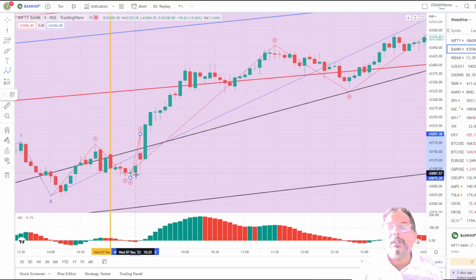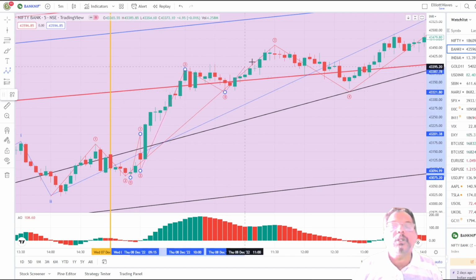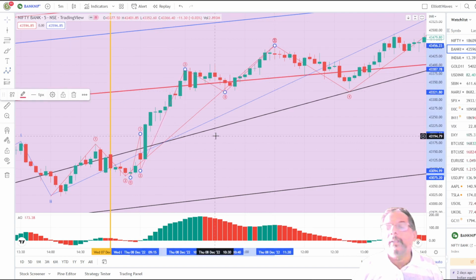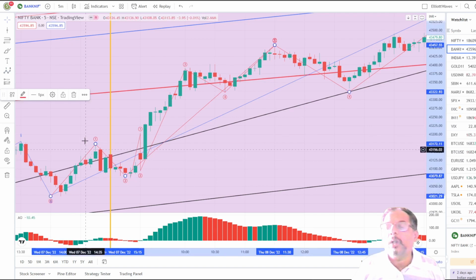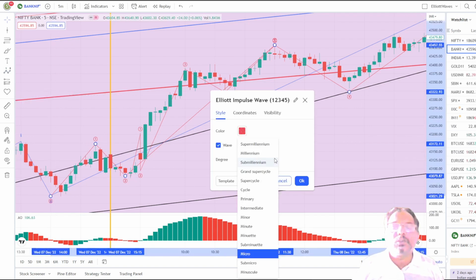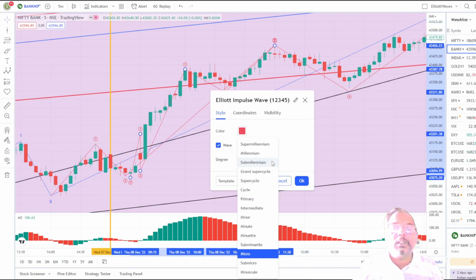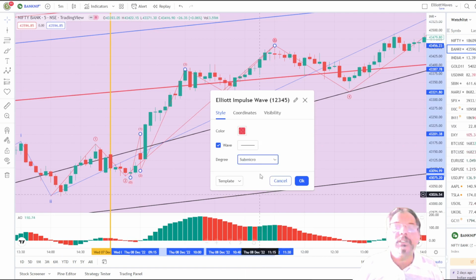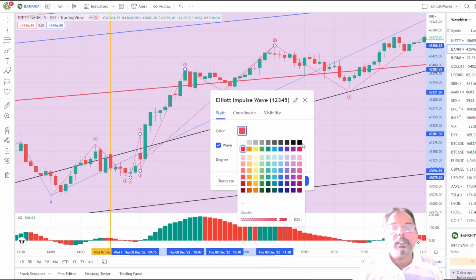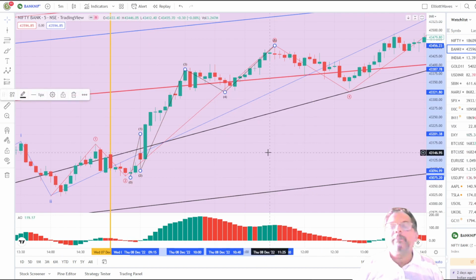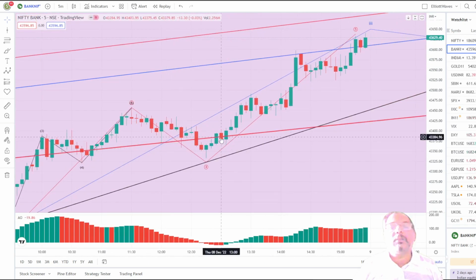You have a 1, a 2, a deep correction, a 3, a sideways 4, and a 5. Now I need to find out what level this is. This was micro and this is sub micro. That is the lowest level that is possible within the tool that I am using. And after red, I usually put in black. So this is 1, 2, 3, 4, 5, and now we are talking about the last one.